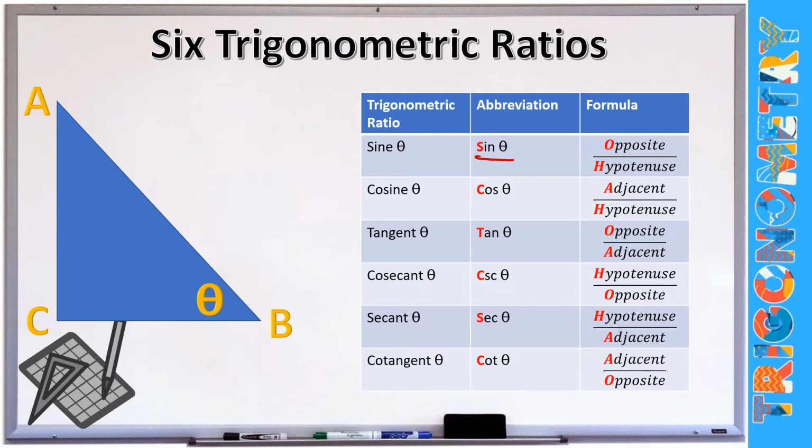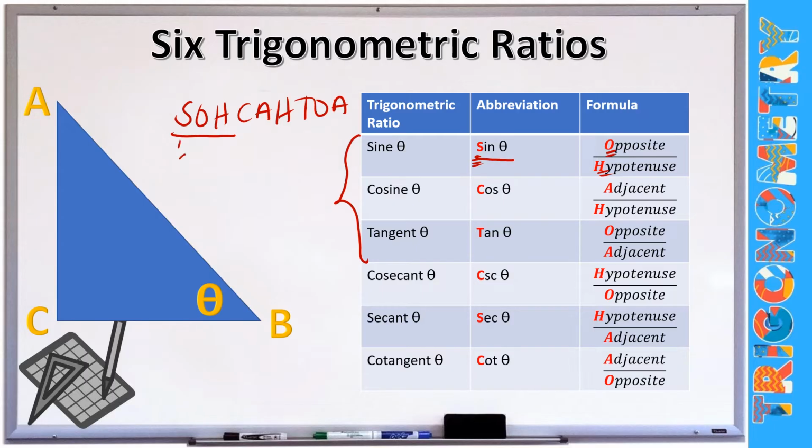So that you can easily memorize these formulas, we have first these three. You can use the mnemonic SOH-CAH-TOA. Sine is equal to opposite over the hypotenuse.